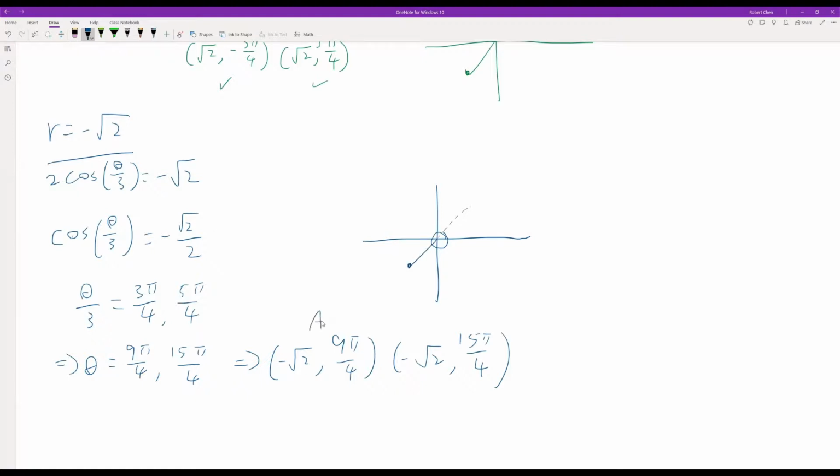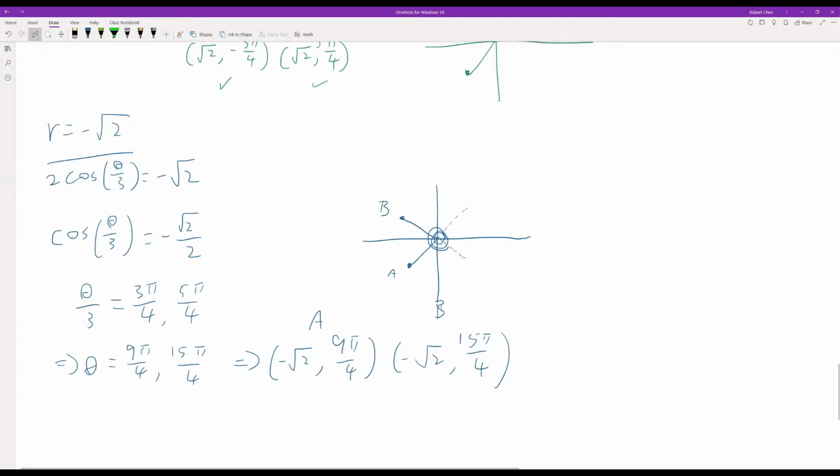Let's call that point A. And point B is going to be 15 pi over 4, so that will be one rotation and then 7 pi over 4, which will be right here. But the radius is negative, so it's going to point the other way, and that's point B.